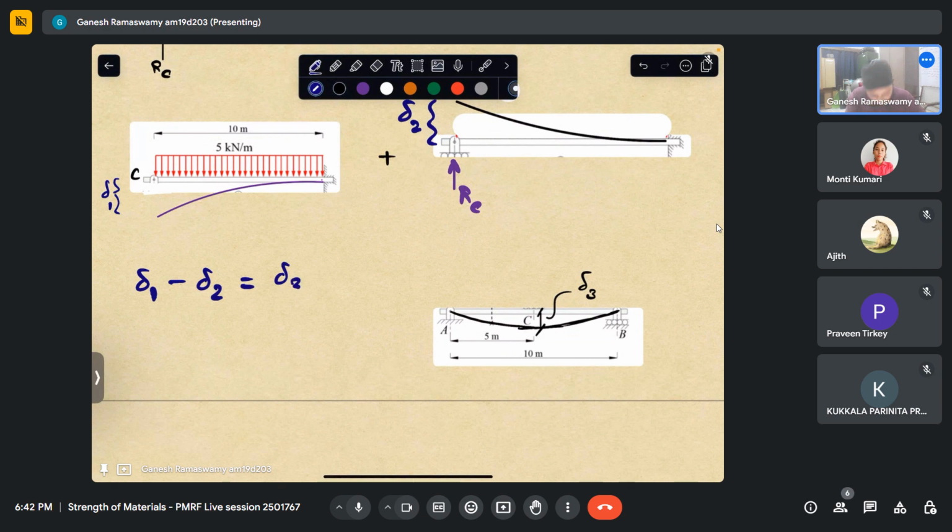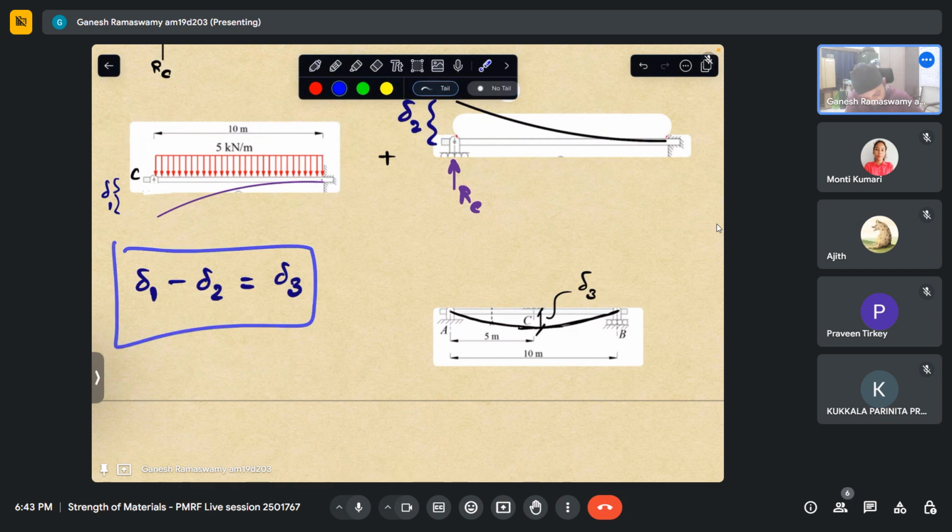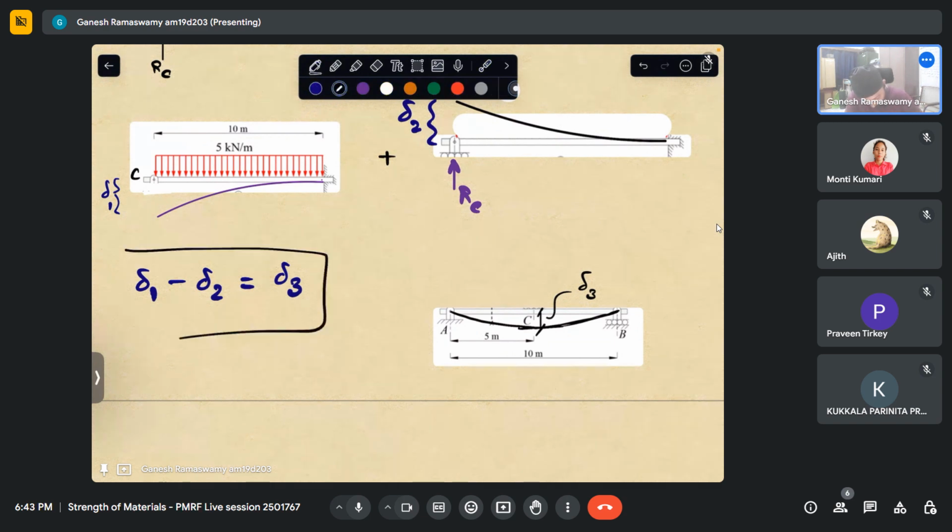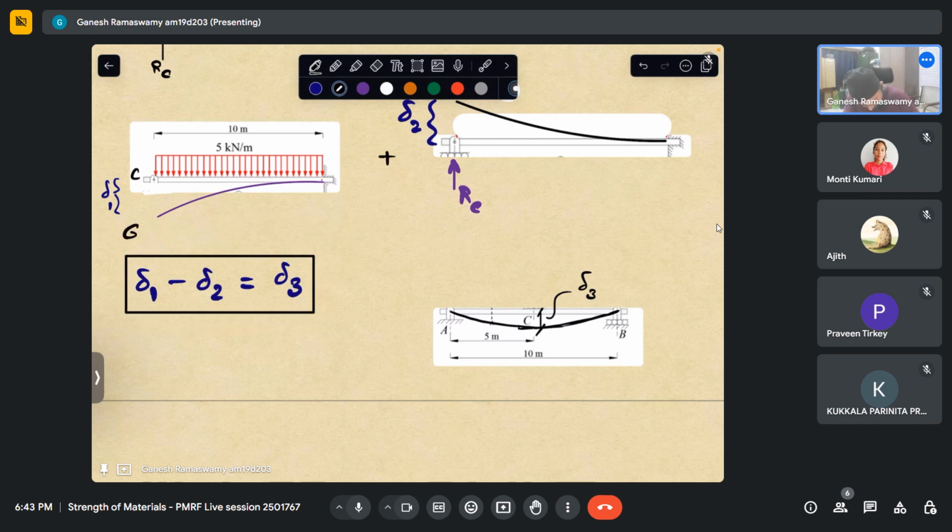So this is the only compatibility that the configuration should respect, and the rest is all straightforward. So this is our actual governing compatibility equation, which needs to be respected in order for us to calculate.